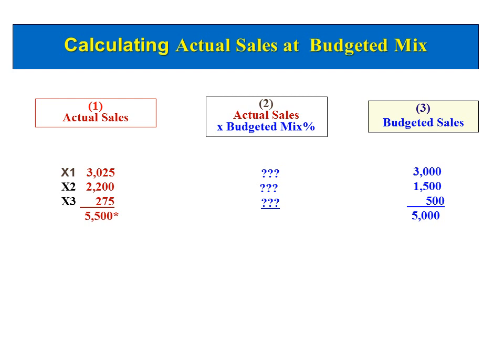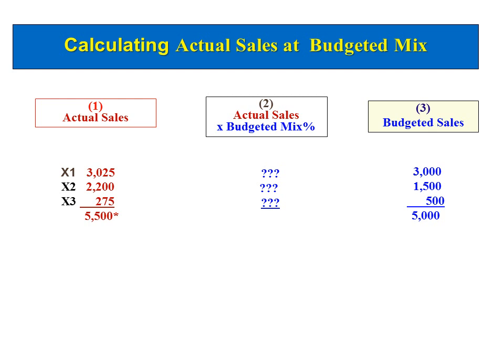I have actual sales for each product and the total of them, 5,500, and I have budget, both of them given here, but my problem is number 2, how to recalculate the actual sales using budgeted mix percentage.